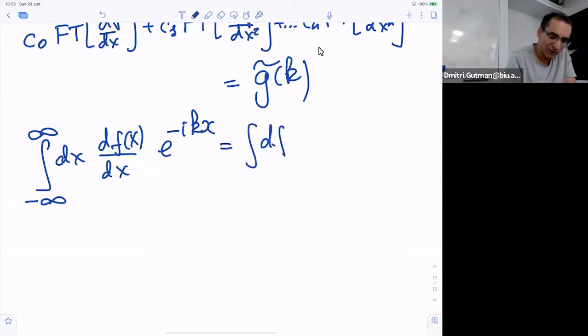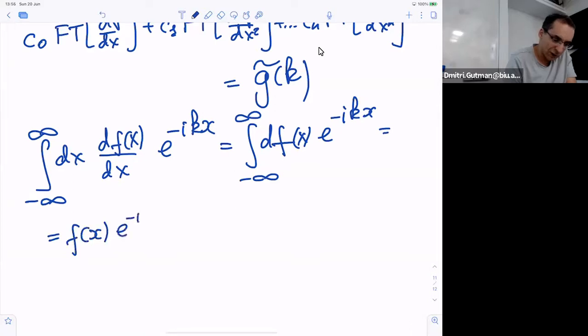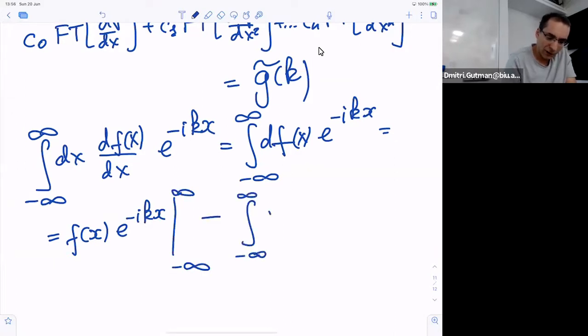It's df as a differential times e to the minus i kx, running from minus infinity to infinity. So I can always write it as f of x e to the minus i kx from minus infinity to infinity, minus the integral of f of x, applying the differential to the second function.